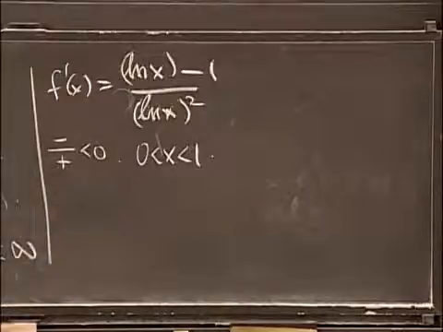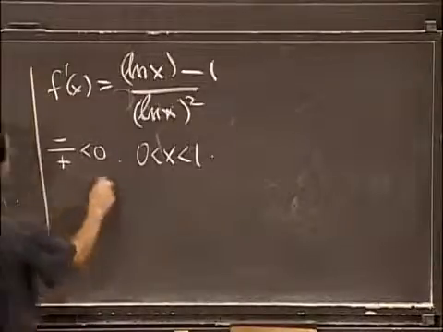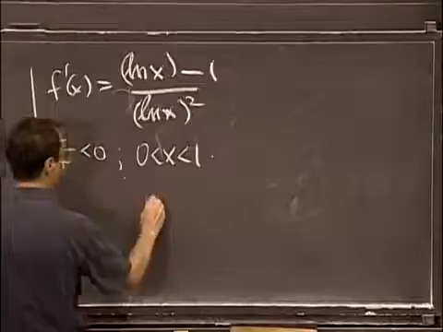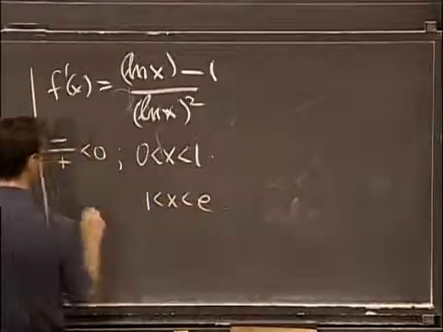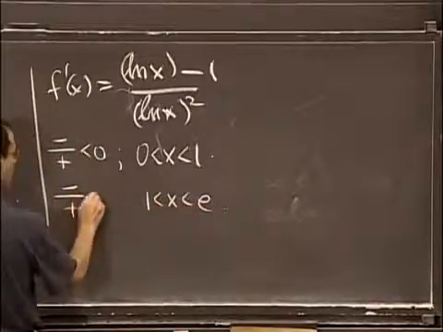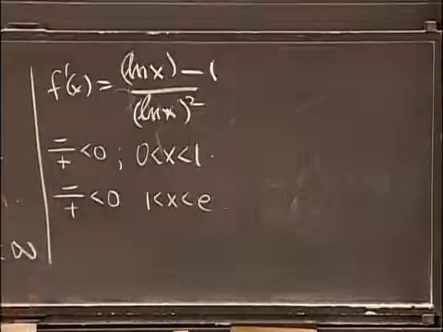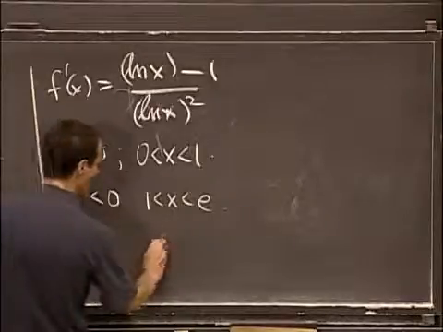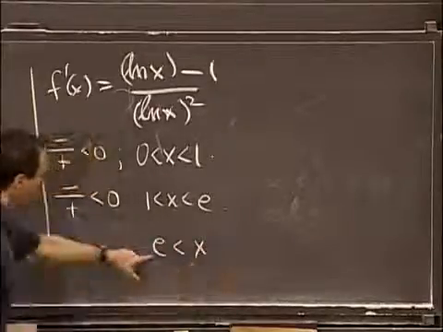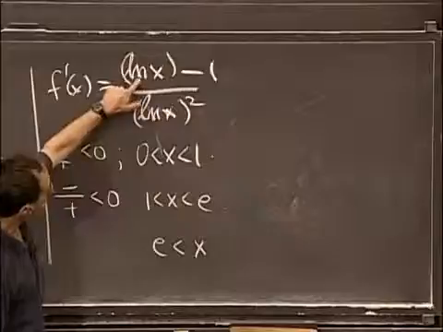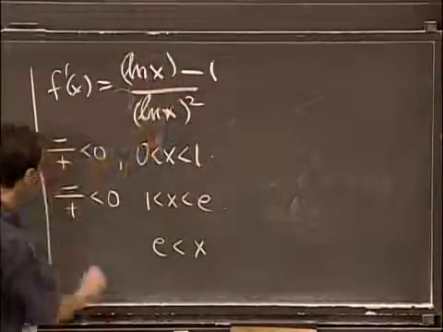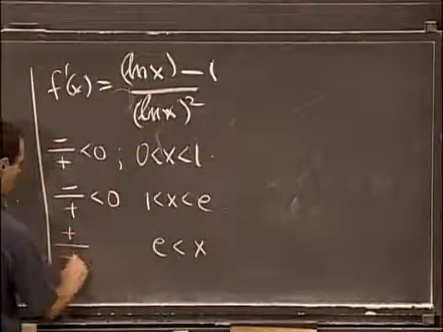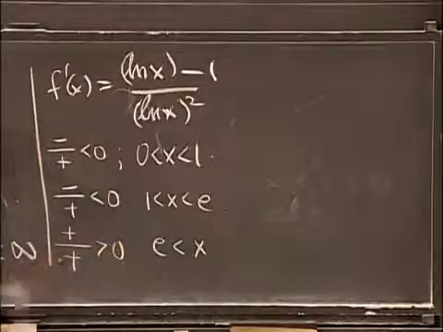That's decreasing. That's good. And in fact, that also works on the next range, 1 less than x less than e. It's negative divided by positive. And the only reason why we skipped 1, again, is that it's undefined there. There's something dramatic happening there. And then at the last range, when x is bigger than e, that means the logarithm is already bigger than 1, so the numerator is now positive, and the denominator is still positive, so it's increasing.